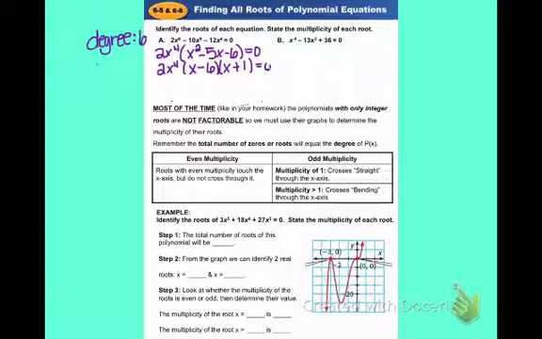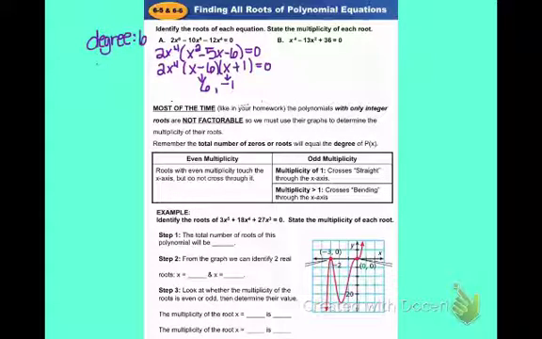So if I looked at each one of these factors, I know that if I use the zero product property and set them equal to 0, the x minus 6 binomial would indicate a zero or a root of a positive 6. The x plus 1 would indicate a root of a negative 1. So that's 2 of the 6 possible solutions. Well, where do the other 4 come from?